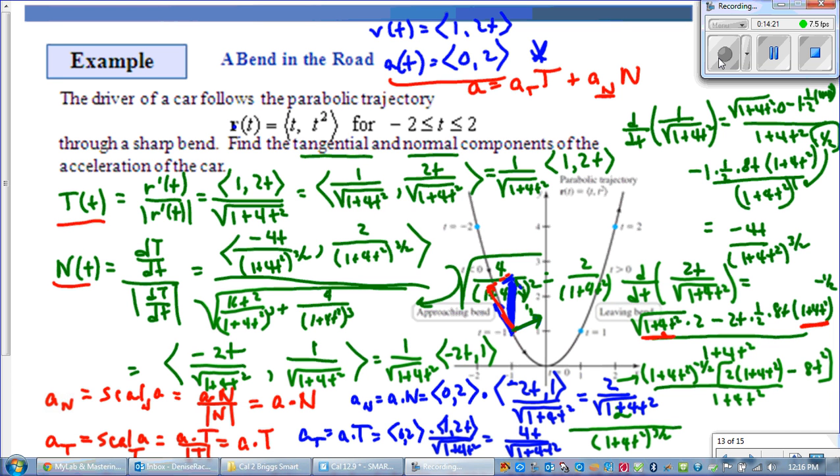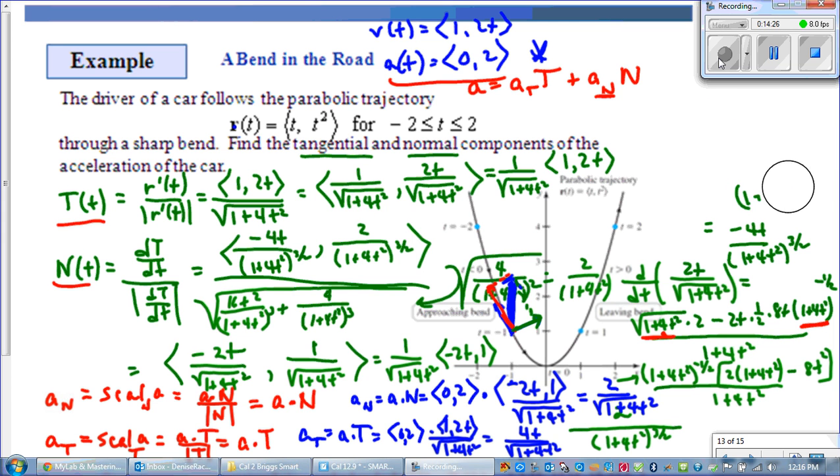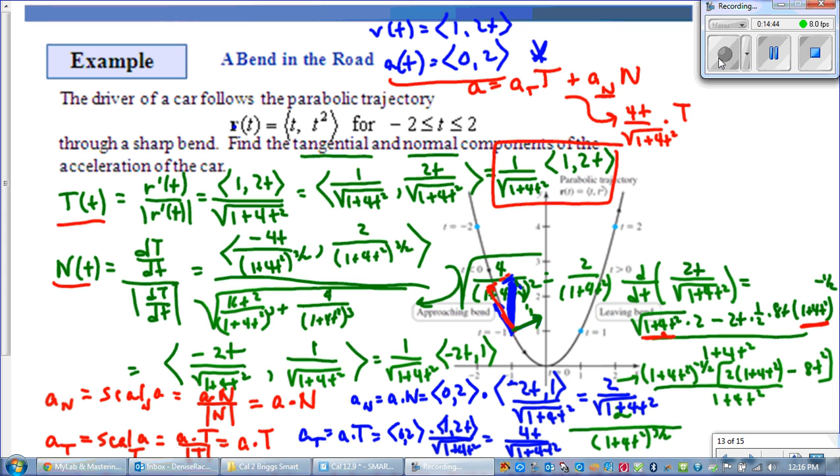Okay, so if we actually wanted to show the decomposition, a will be 4t over square root of 1 plus 4t squared times the tangent vector t, plus the normal component, which would be 2 over the square root of 1 plus 4t squared, times that normal vector.